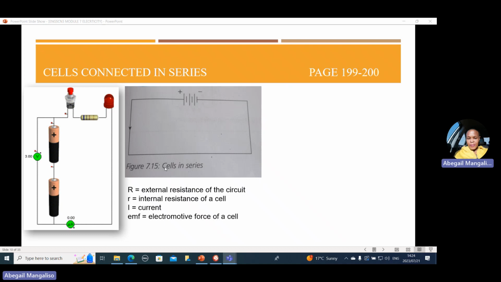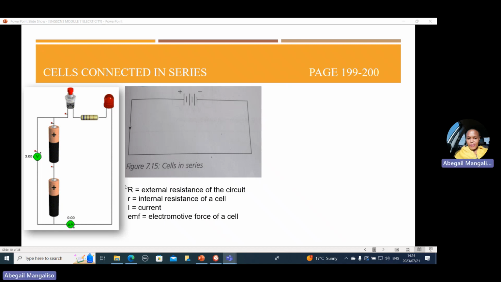Now let's talk about symbols first. The capital letter R refers to all the external resistors of a circuit. We call what is inside the battery an internal, and everything that is outside the battery is the external resistance.